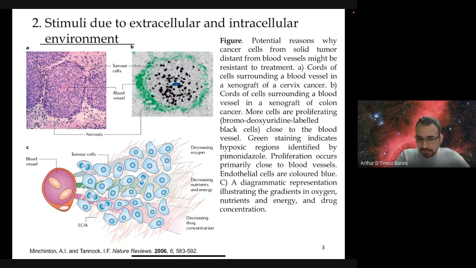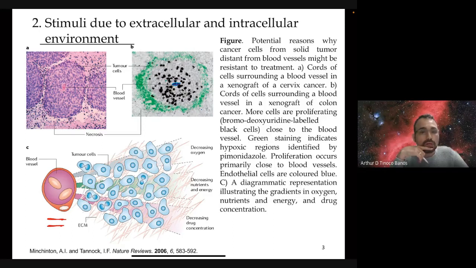Here I'm showing you another representation of something I showed you previously, of the differences in the cells that constitute a tumor with respect to their proximity to a blood vessel. The blood vessel is a source of blood, but really of oxygen.